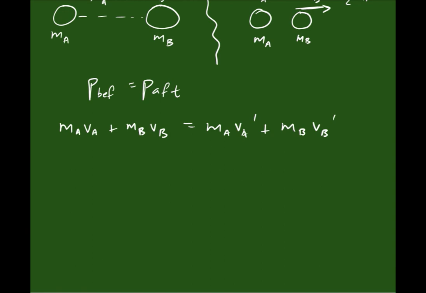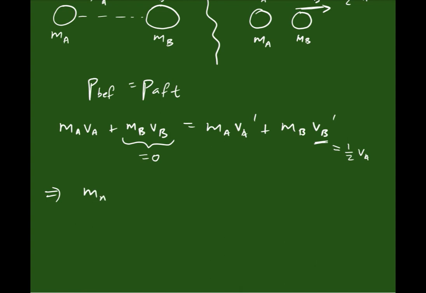So now we can simplify a little bit. We know that this term here is 0 because the velocity of ball B initially is at rest, so it's 0. And then we mustn't forget that VB prime is equal to a half VA. So let's put all that in the next line here.